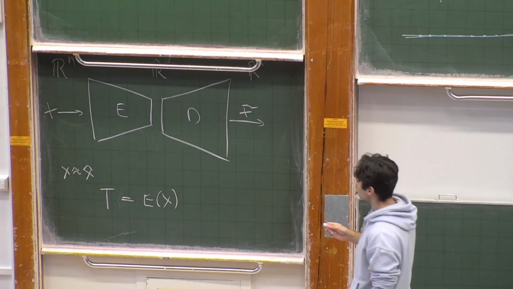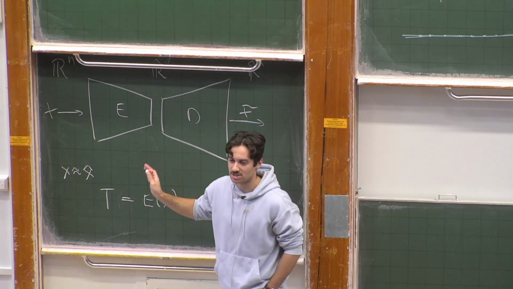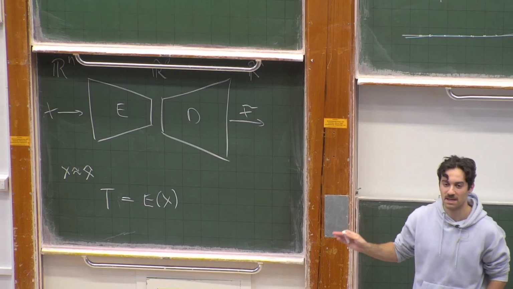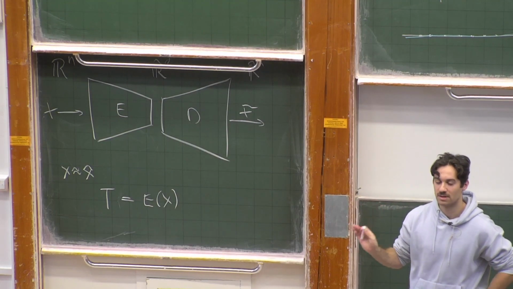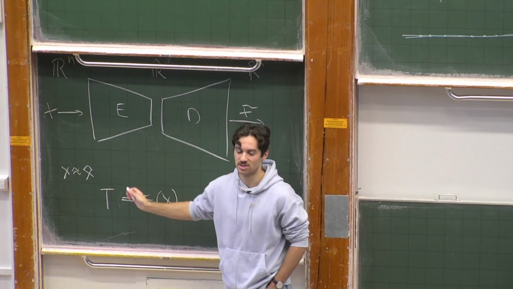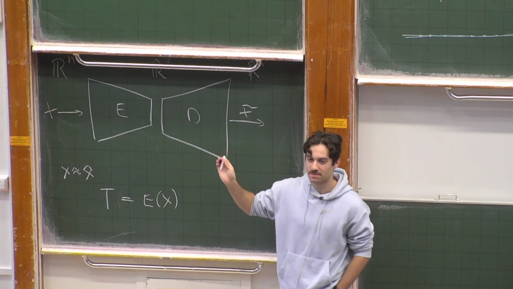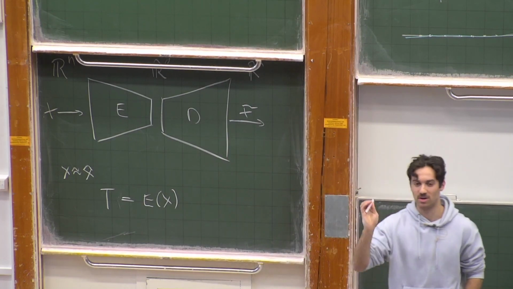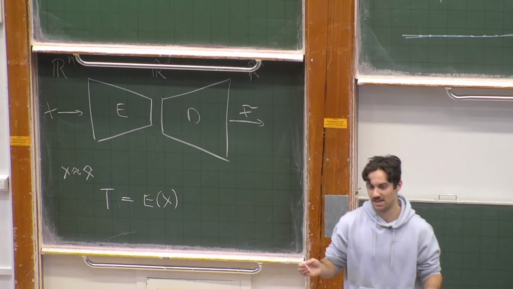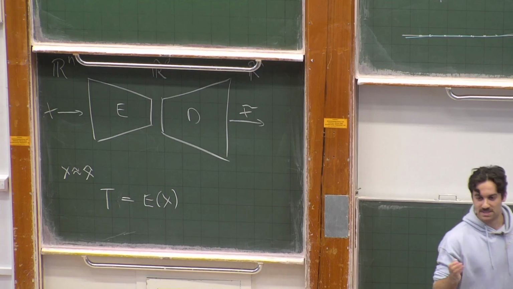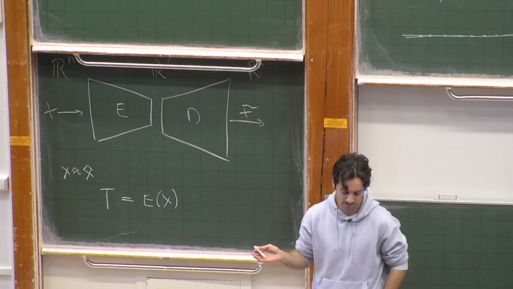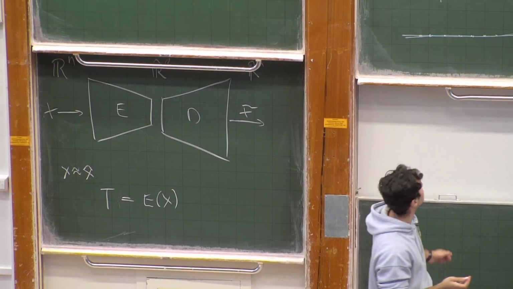Okay, but now we have this new construction, this autoencoder, and the question remains, how is this related to PCA? In particular, if we now come back to linear activation functions, so if a neural network is basically just a linear map, which can be learned from the data, can we somehow recover PCA? Because that would be nice, because then we could argue that PCA is an edge case of autoencoders, or autoencoders are actually a generalization, because otherwise there could be two completely different objects.